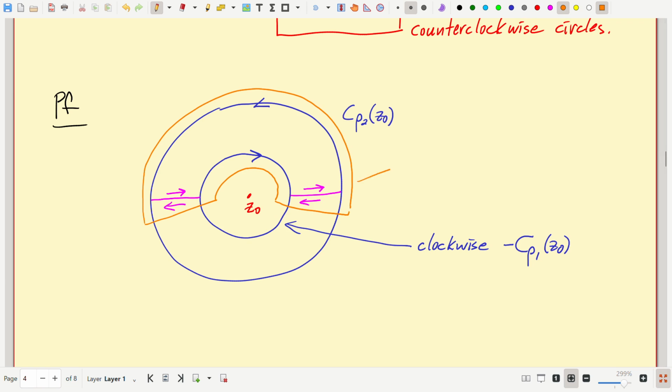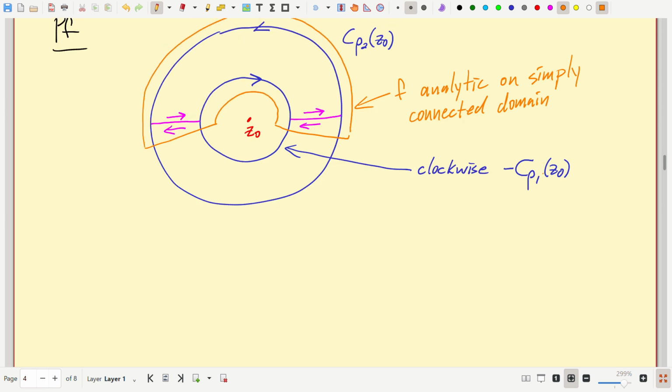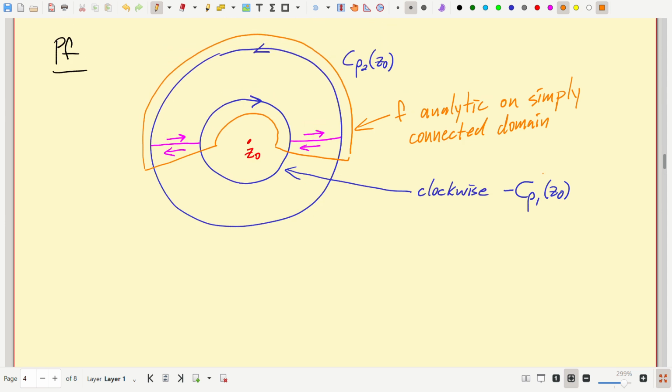F is analytic on this simply connected region here. There's no holes in that orange thing. And I have a closed curve in a simply connected domain, and so the integral around the top half would be 0.